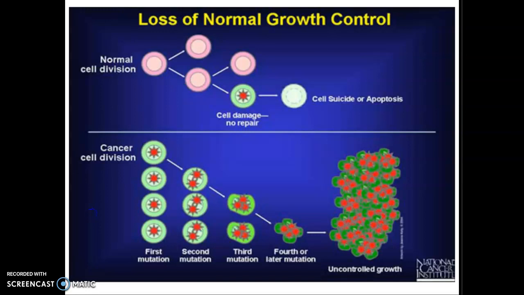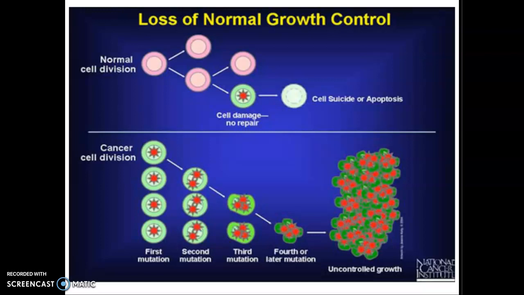Now, here's a good example of loss of normal growth control. The top area is how it should work: we have a damaged cell and there's no repair for it, so apoptosis occurs. Now, this is if your cells are working properly, where you have an enzyme this body produces to repair a cell that has damaged DNA.